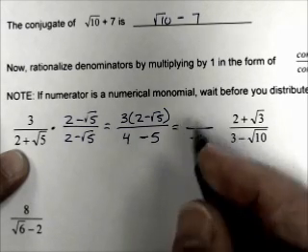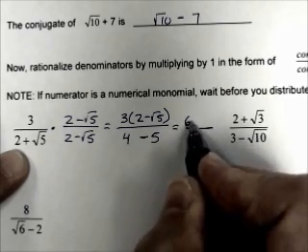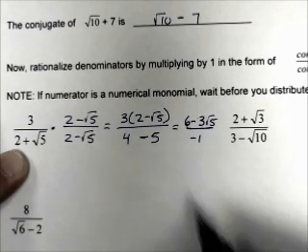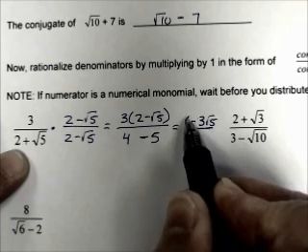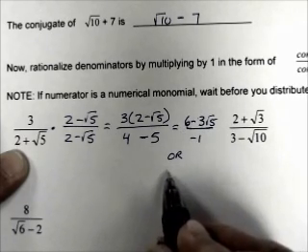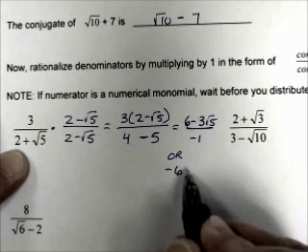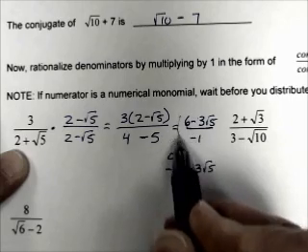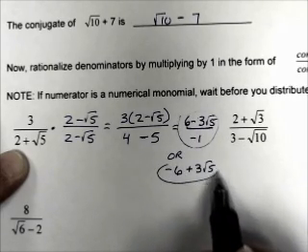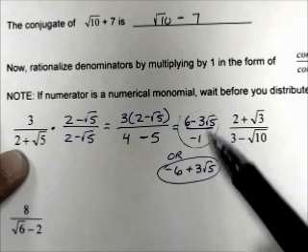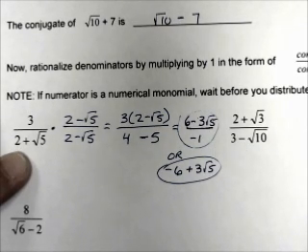And now if I distribute, that's going to be 6 minus 3 square root of 5 over negative 1. Or, if I divide each by negative 1, this would be negative 6 plus 3 square root of 5. So again, we no longer have a radical as a denominator.